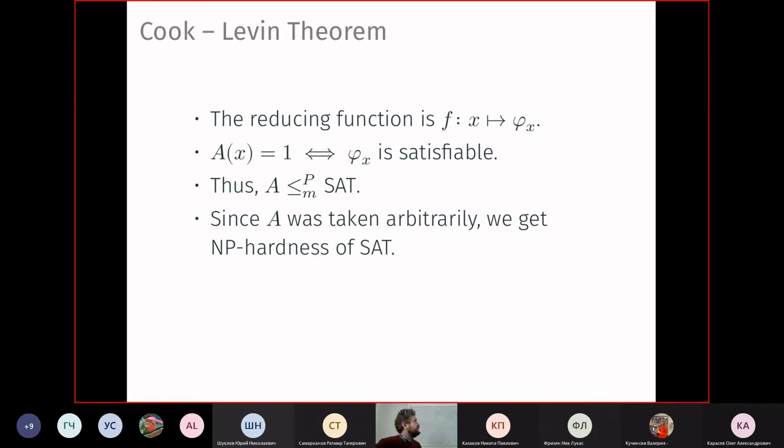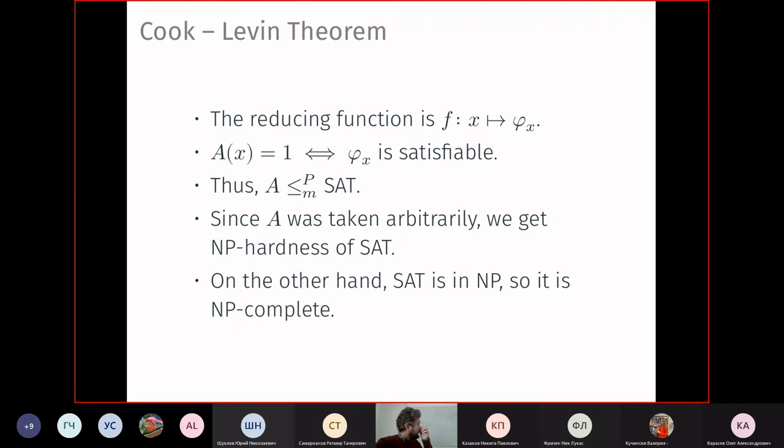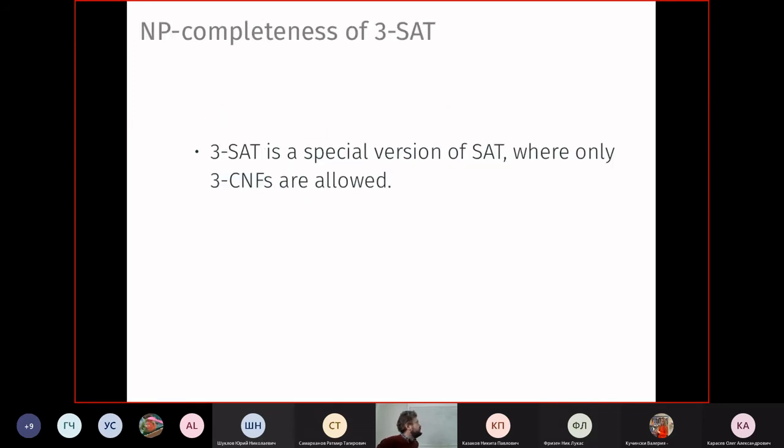So satisfiability is NP-hard, and this is the first concrete example of an NP-hard problem. And SAT itself is also in NP, so it's NP-complete. So it's a problem in NP, and any other problem in NP reduces to it. This is how the general reduction is performed.